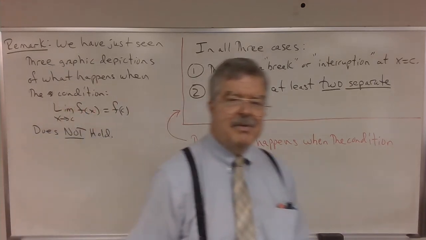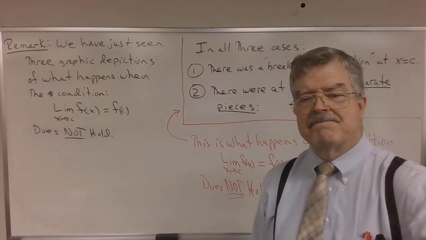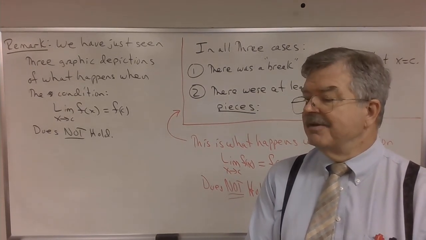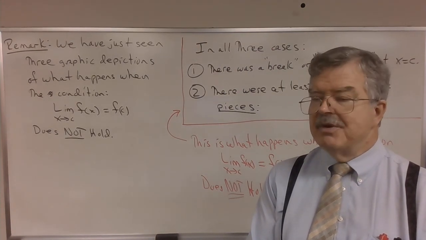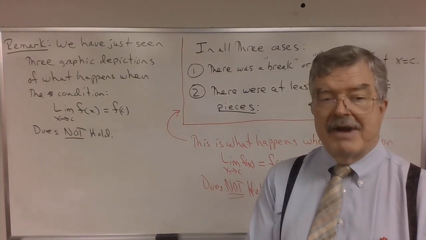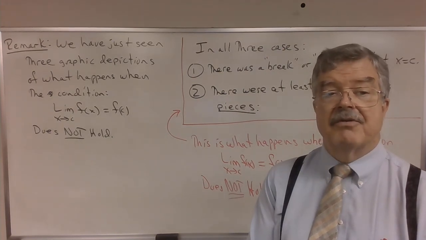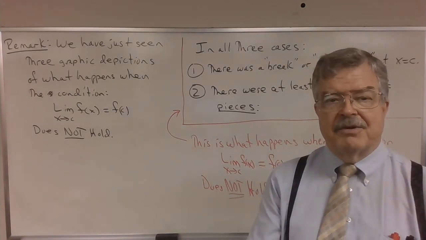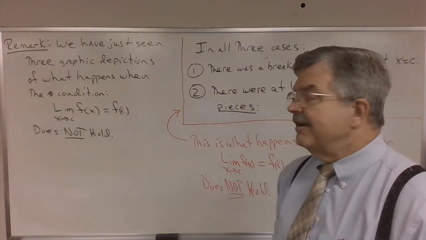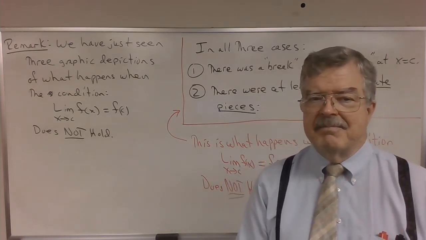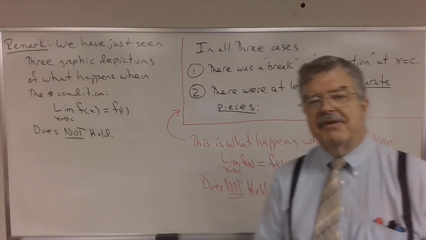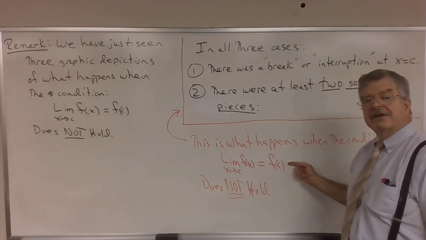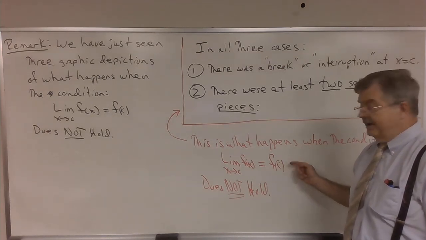Now, we will continue on with this tomorrow. But today, we have gained an intuitive idea of what the graph of a continuous function looks like and what the graph of a discontinuous function looks like. And we know how to distinguish between one and the other. And we have begun to formulate mathematically the concept of continuity and continuous function by using this criterion, continuity at a point.